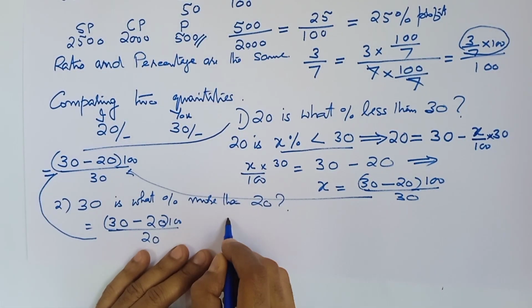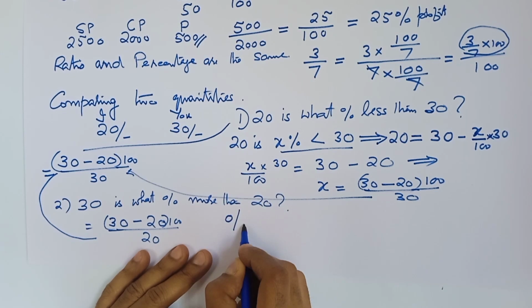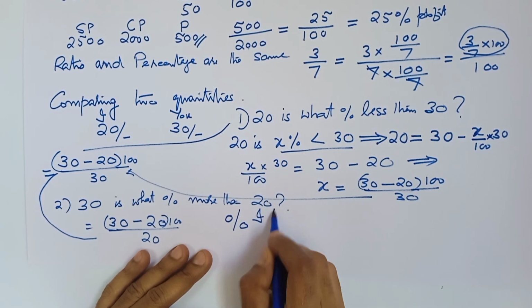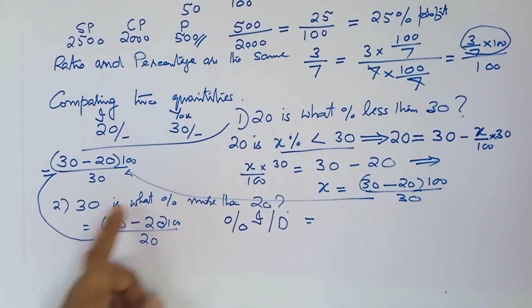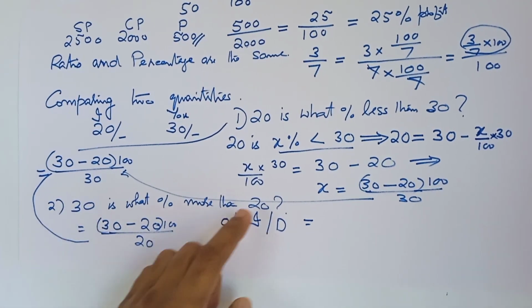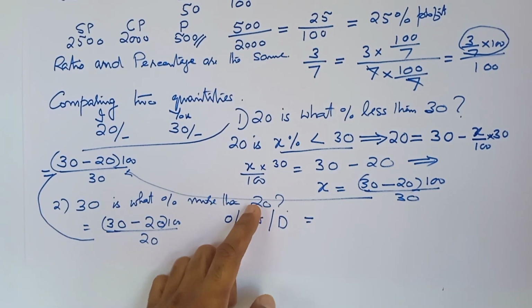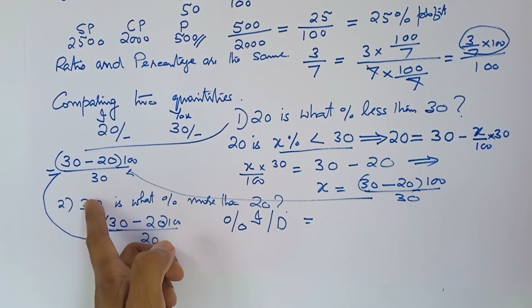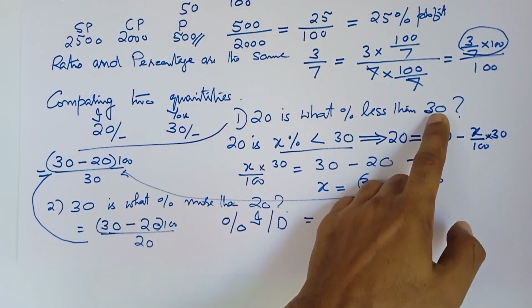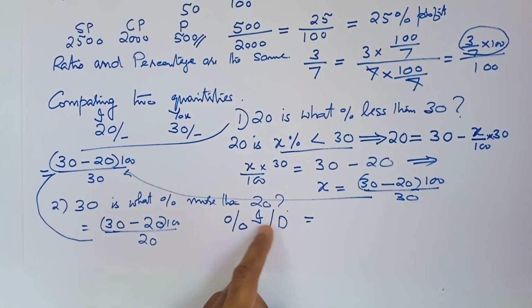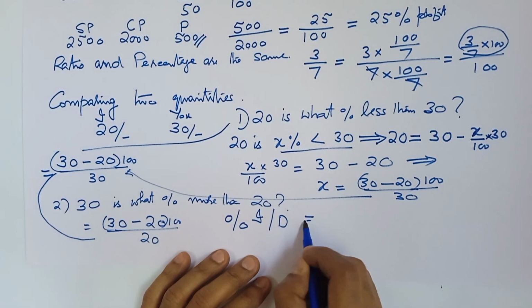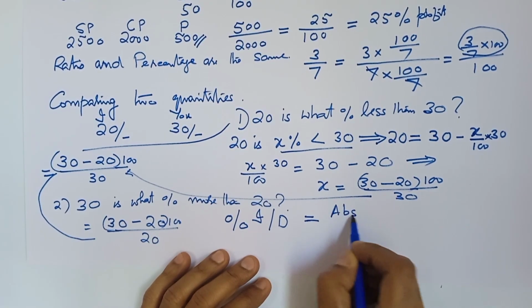So I'll give you a simple formula: percentage increase or decrease. See, in this case it is increase. You had 20 first, you're increasing that to 30. Whereas here you had 30 first and you're decreasing that to 20. That's the meaning of this. Increase or decrease is given by absolute difference.